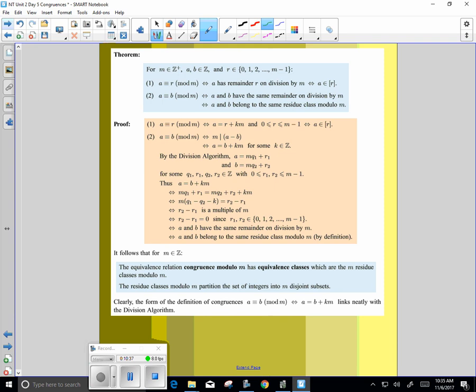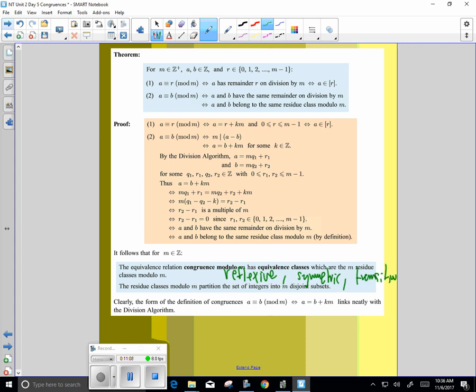And they prove this using strong induction, but that's really kind of a definition of looking at A is the number and R is the residual. M is your modulus. So for congruent modulo equivalence classes, you're going to need reflexive, you're going to need symmetric, and you're going to need transitive.